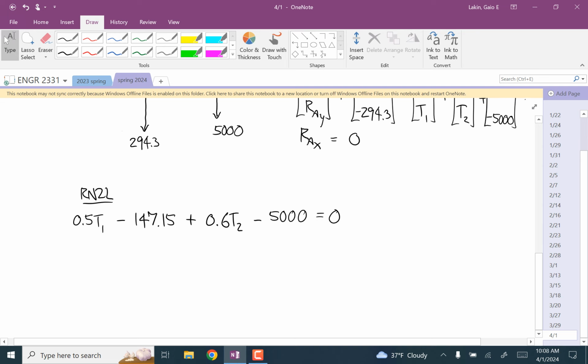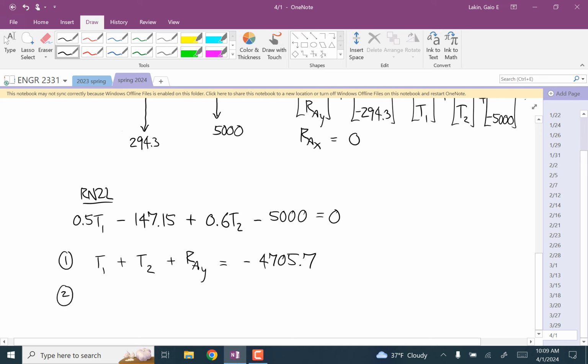So we have these two equations. The first one says T1 plus T2 plus RAY is equal to negative 4705.7.